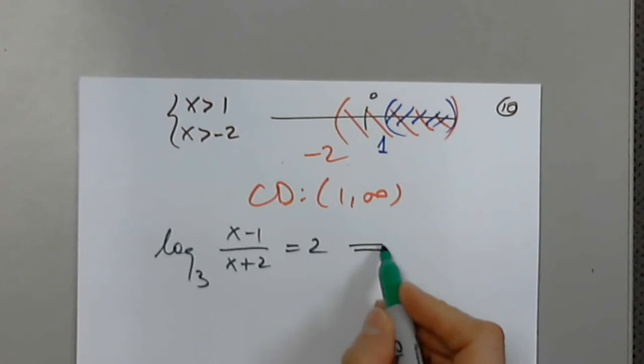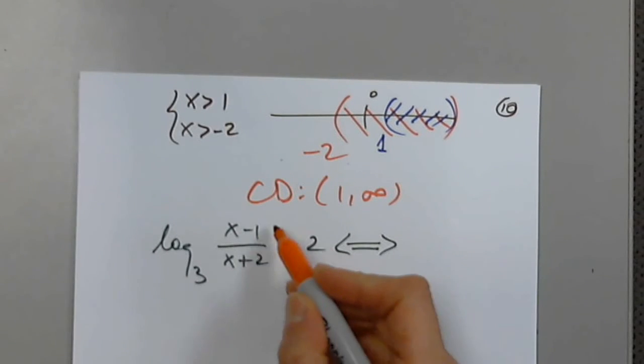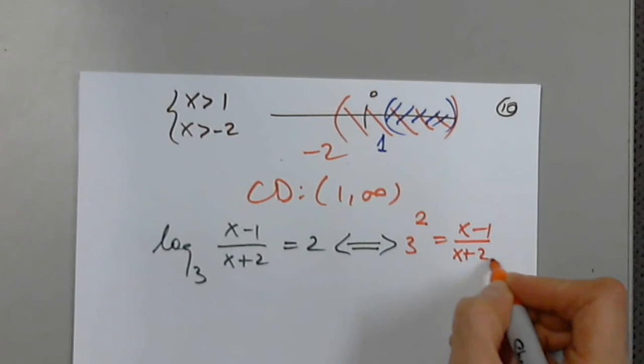In order to undo the log, I will change it into an exponential. How do I change this into an exponential? 3 squared equals x minus 1 over x plus 2. Awesome.